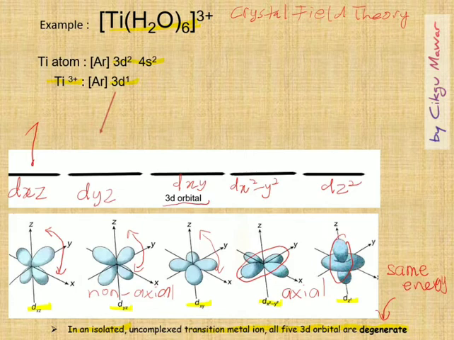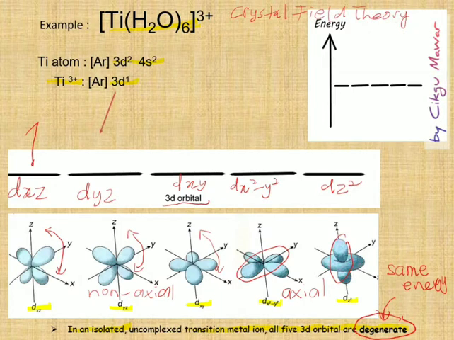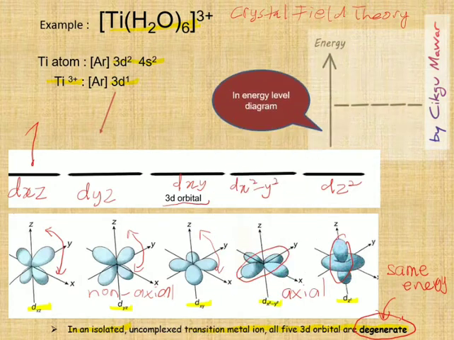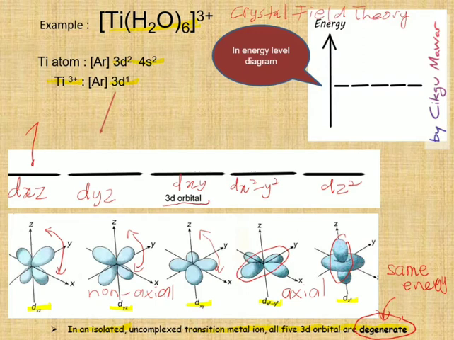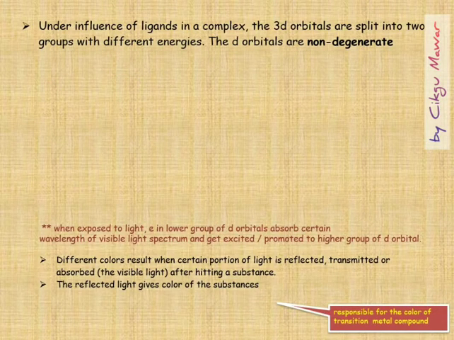So before the presence of ligands, the central metal ion must be drawn with degenerate orbitals of the same energy. In the exam, you must draw the energy level diagram by putting in the arrows.